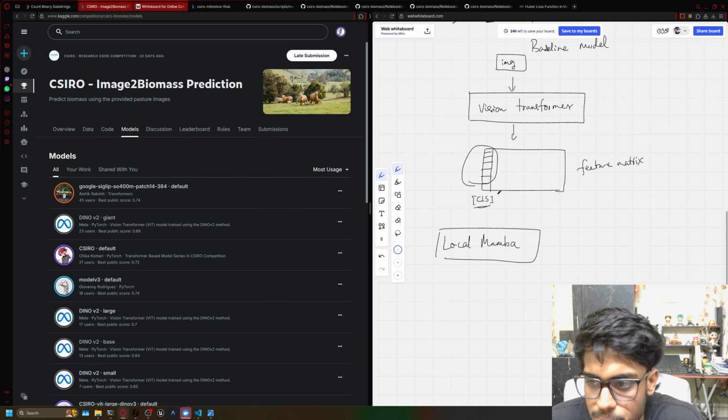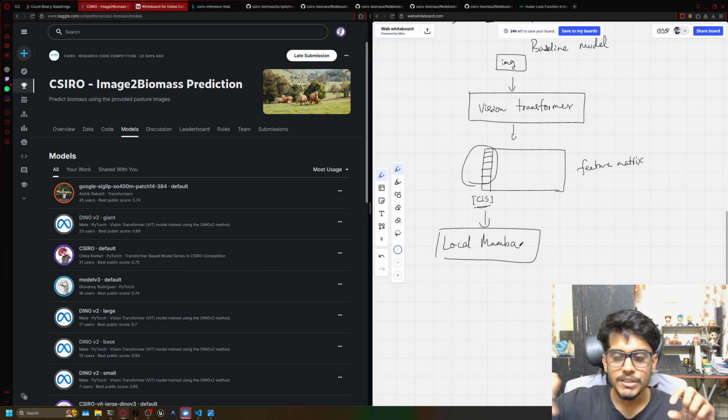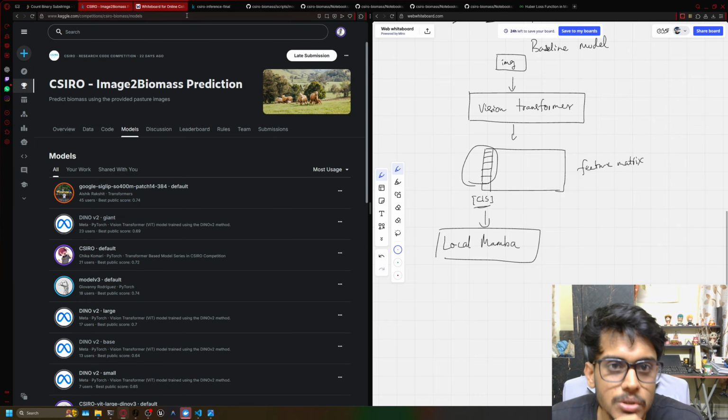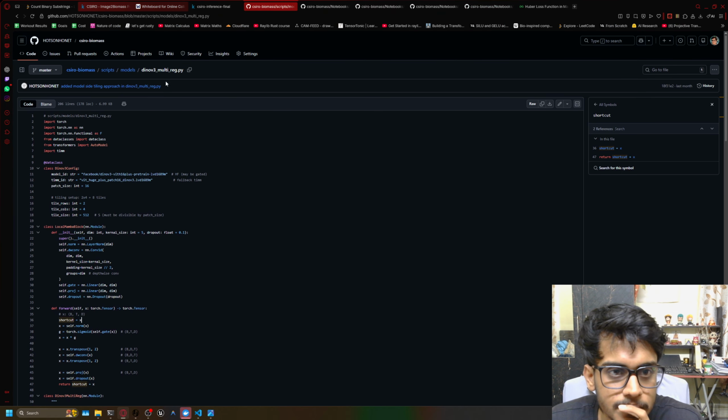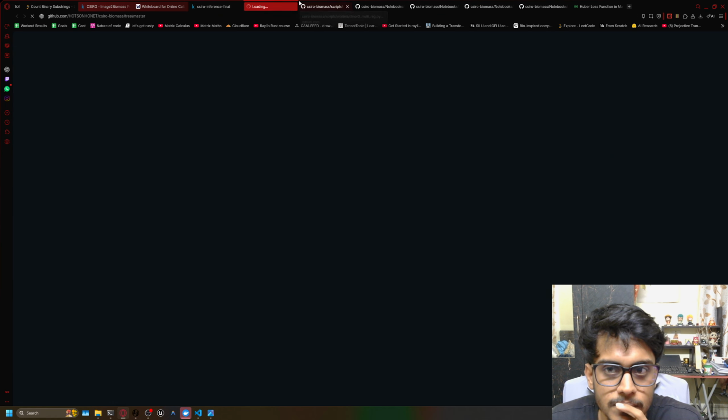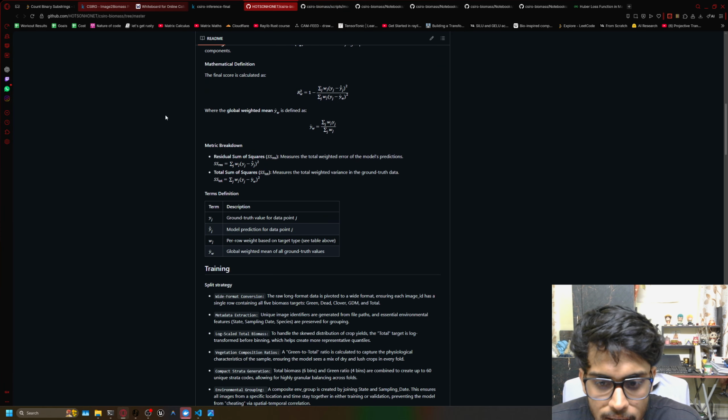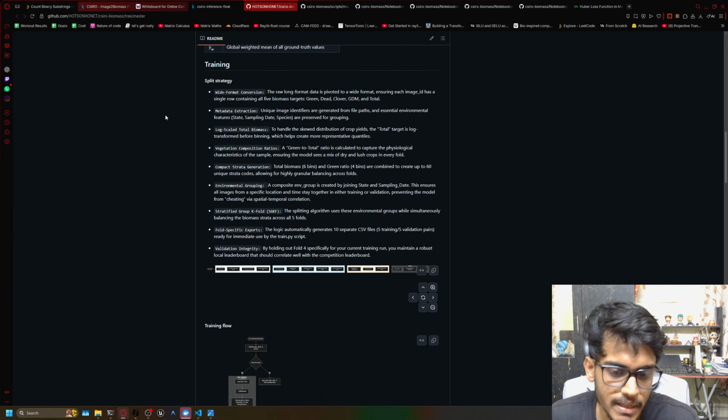From this feature vector, it goes to my local Mamba, where these feature dimensions get weighted using a 1D convolution. If you go to my repository, here I have curated everything that I did in this competition.